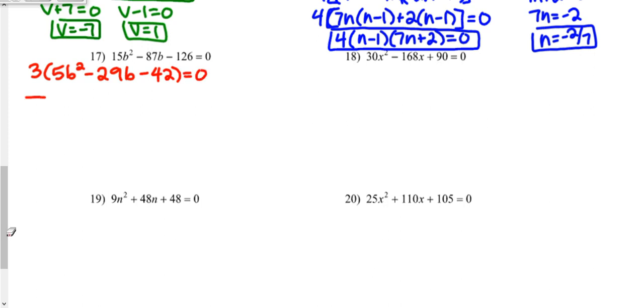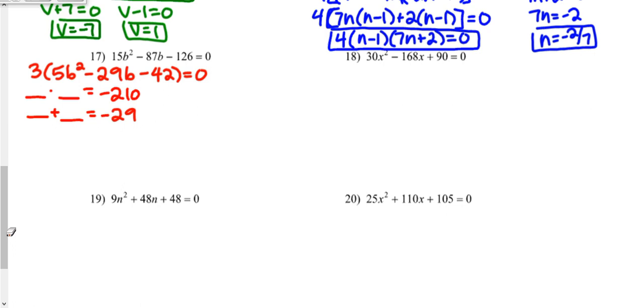So then numbers that multiply to a times c, so this will be a pretty big number, negative 210, and add to your middle number, negative 29. So, that's not going to work.